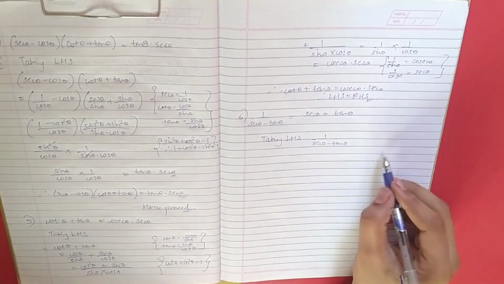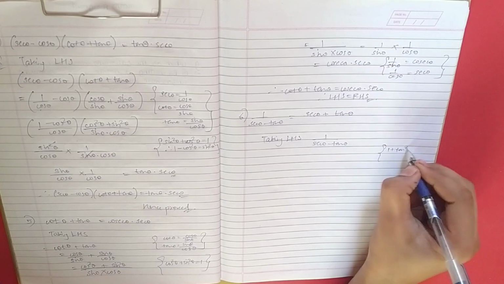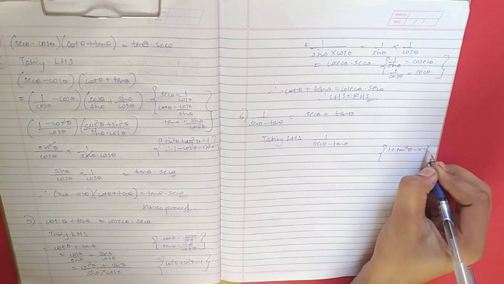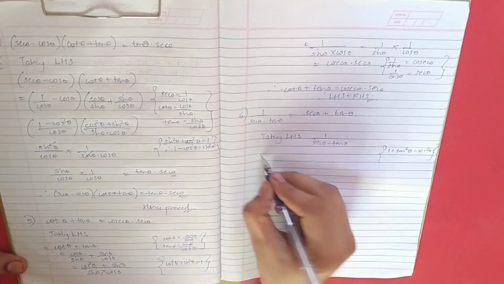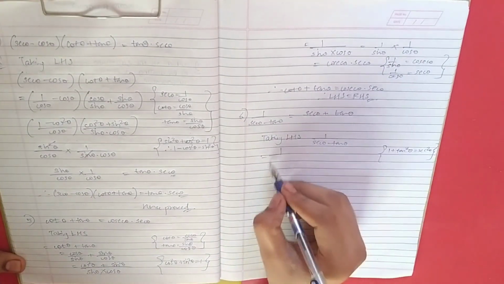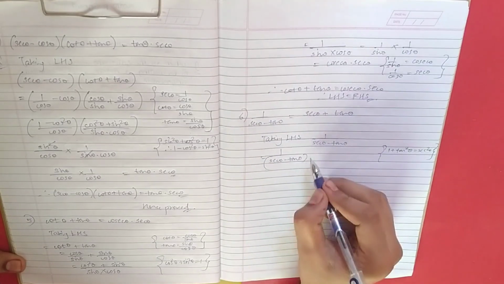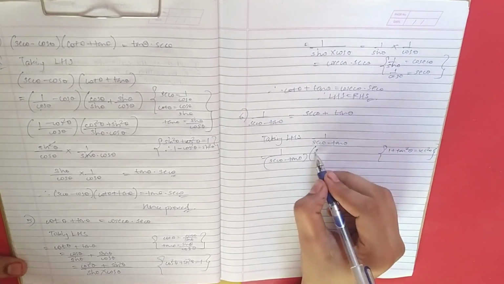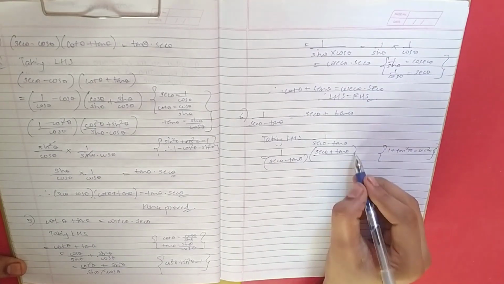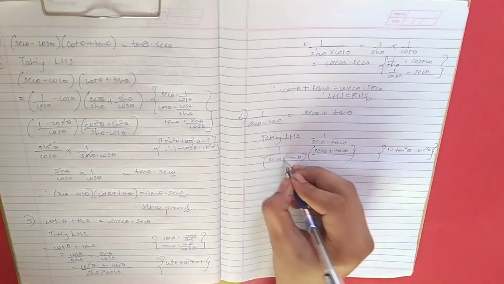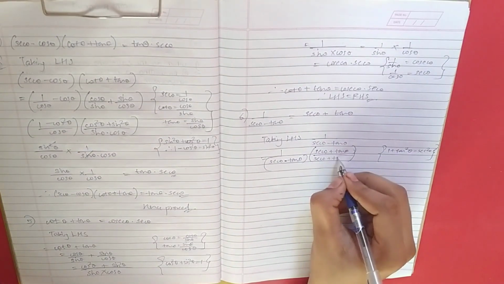We can use the formula 1 plus tan square theta equals sec square theta. We will use the formula in this question. For that we have to first multiply and divide the left hand side with the conjugate of the denominator, that is sec theta plus tan theta. The conjugate is basically changing the sign in between. So sec theta plus tan theta.